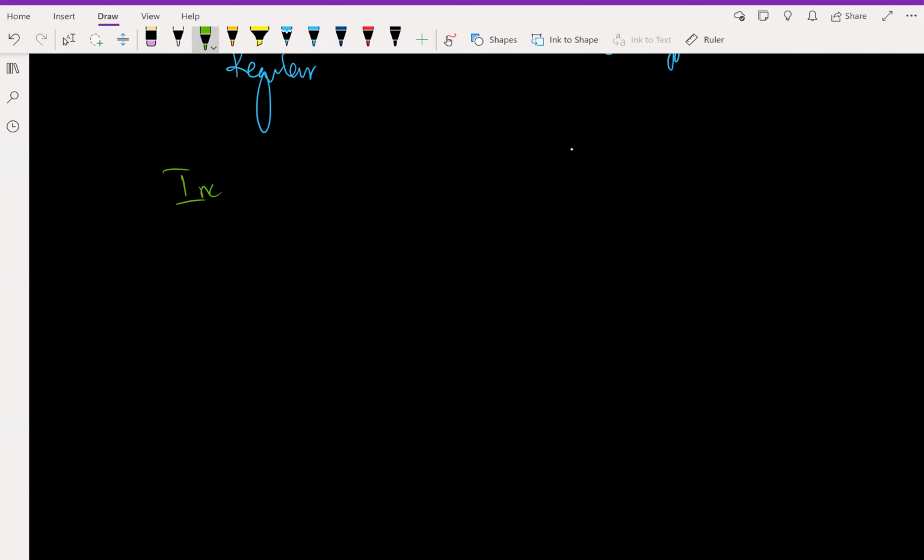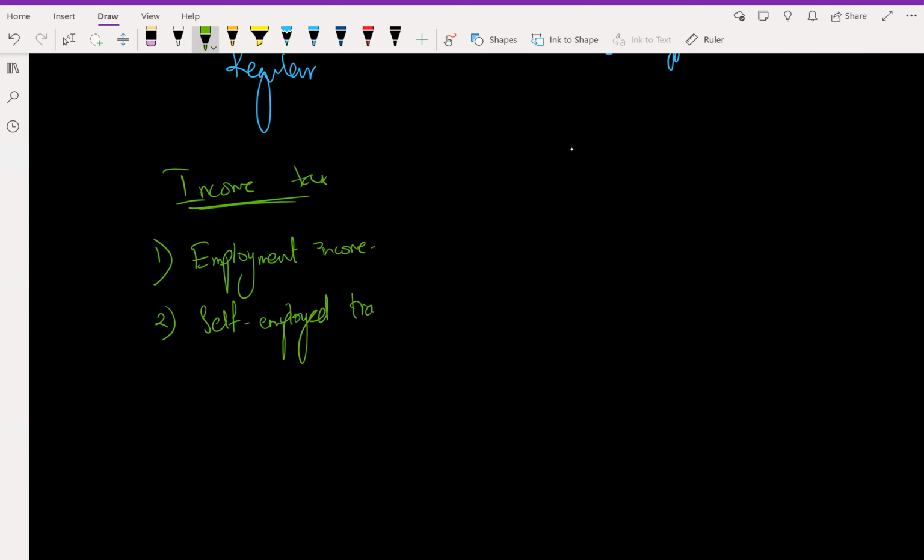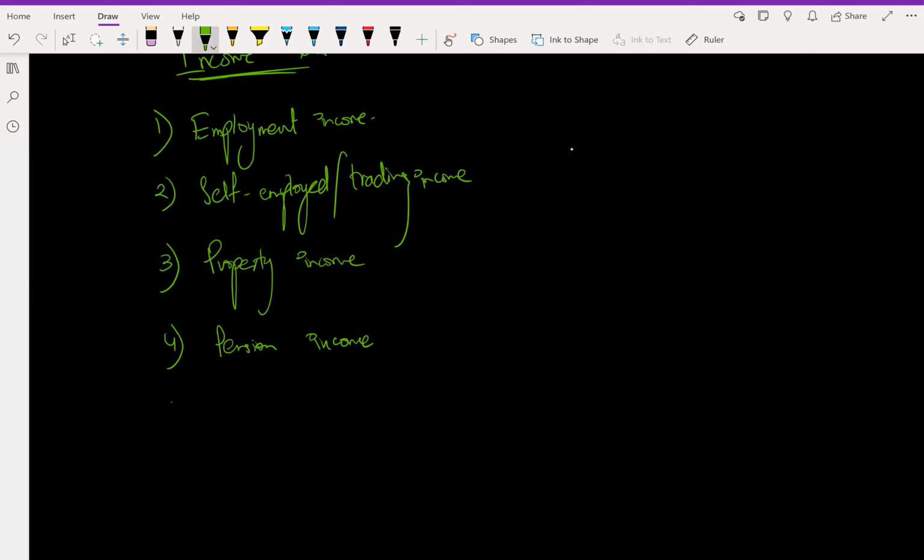Under income tax, you can have your employment income, self-employed trading income, property income, pension income, interest income, and, it's not an exhaustive list, but the most popular ones, dividend income.